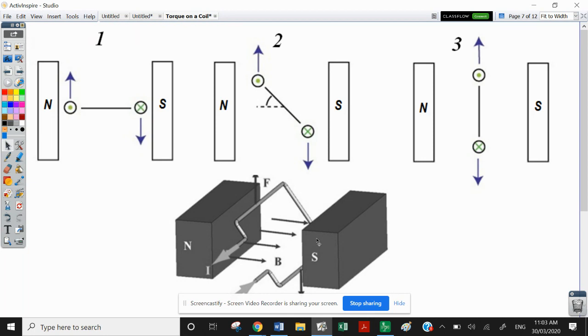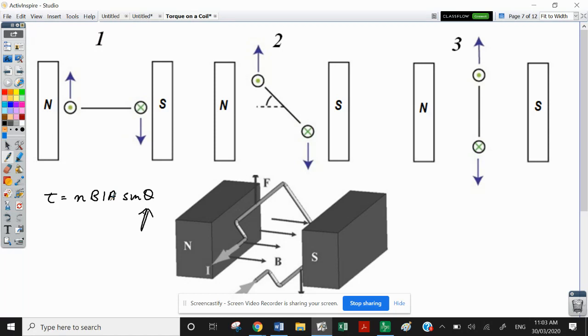Here we have, once again, this coil, a north and a south, exactly the same as the last setup; I haven't changed anything. What we need to come up with is a way of measuring torque equaling NBIA sine theta. What is this theta? Because we've defined everything else: N is the number of loops, B is the magnetic field strength, I is the current going through, A is the area.